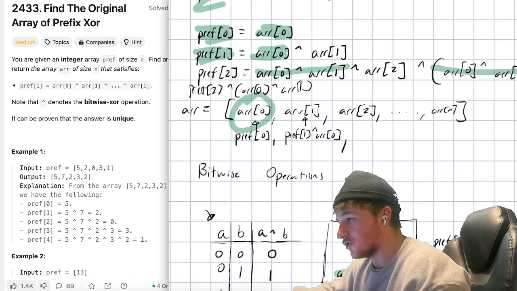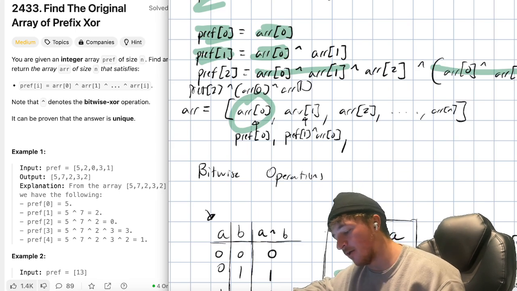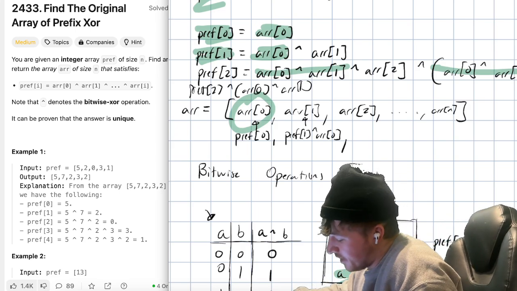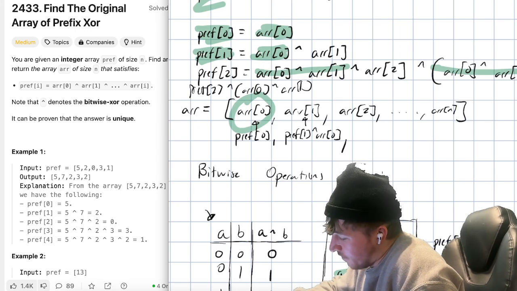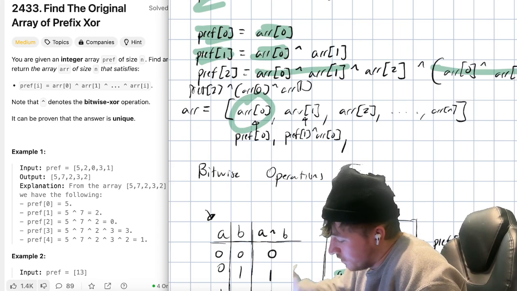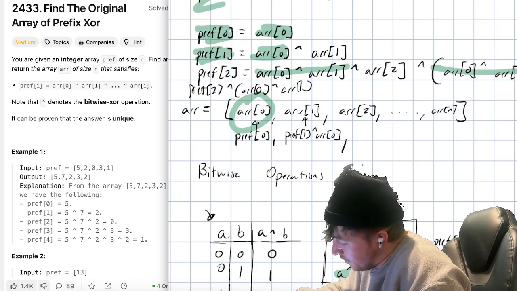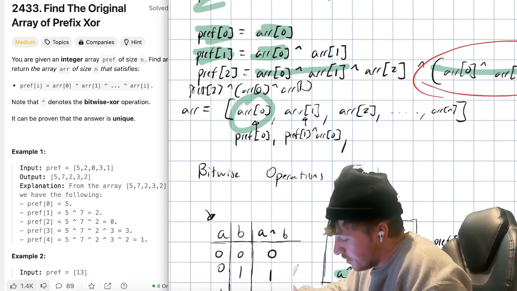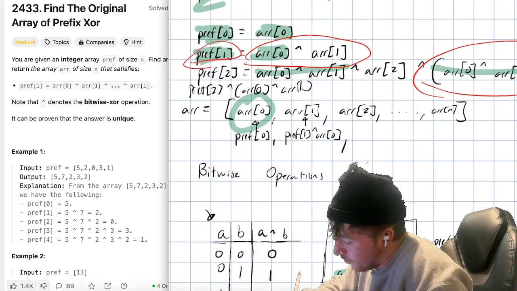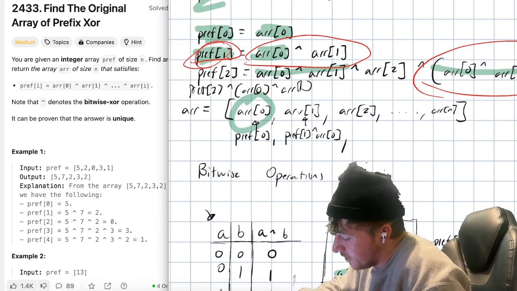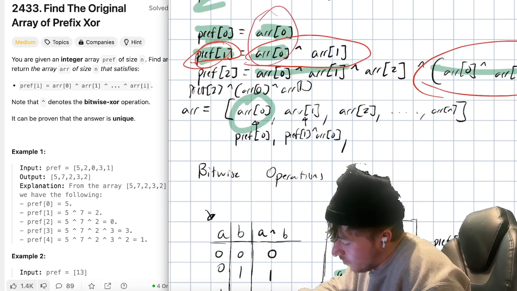Right? And those are things that we just found. So we've already found that. Now, one last simplification we can make here is that array 0, array 1, right? Like this information here, well, that's just this over here, which is just pref 1. Right? The same thing with pref 1. Pref 1 was array 0, array 1, but it's actually array 0, which is pref 0.